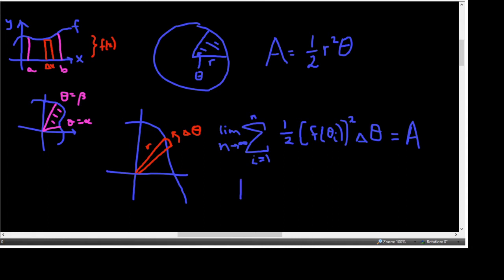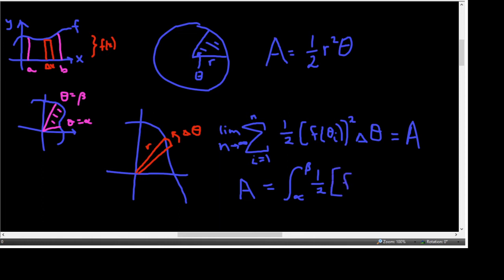So as we've seen before, with a limit of a Riemann sum, that area becomes an integral from alpha to beta, kind of like going from A to B, of 1/2 of f of theta squared.